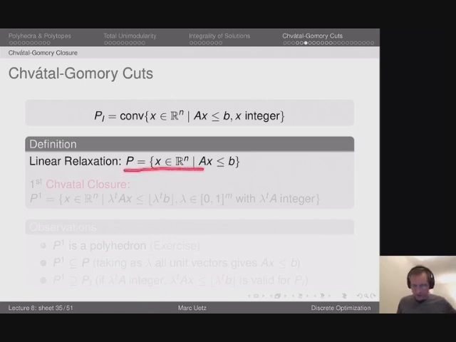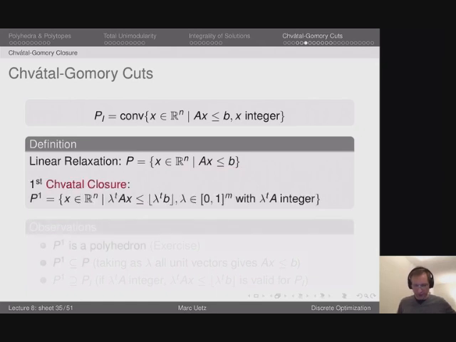Now we do the following. We add to this description all these Chvátal-Gomory cuts that I can obtain by combining the original constraints. That is the so-called first Chvátal closure. So here I take all the vectors x which I can obtain by linear combinations of all the original constraints and rounding down the right-hand sides.